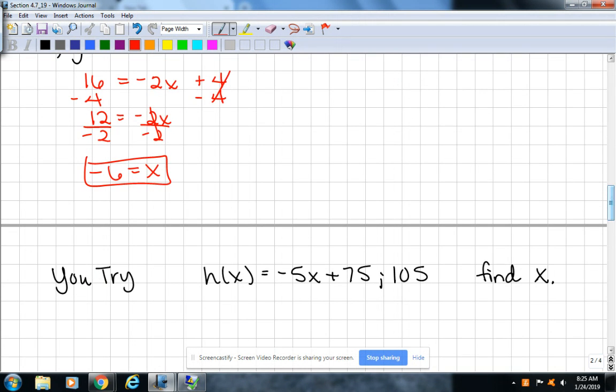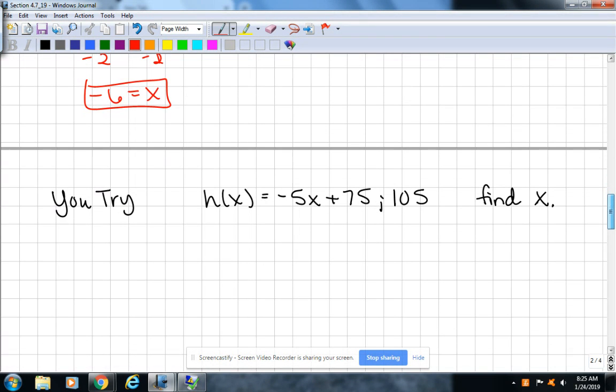I want you guys to try this one. This function is called h. And there's your semicolon, and there's your number you're plugging in for h of x. So you're still finding x.